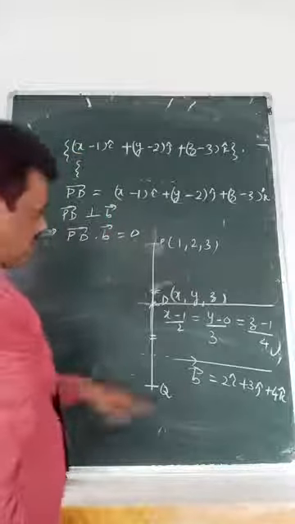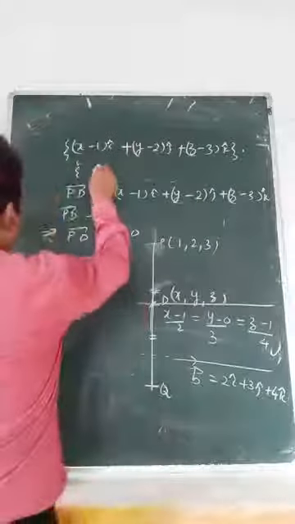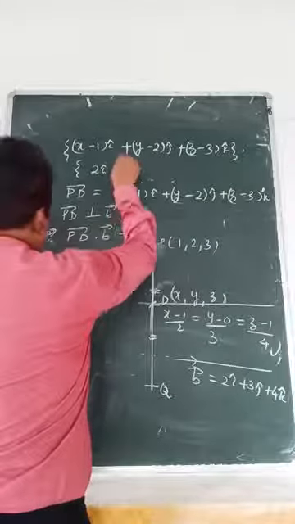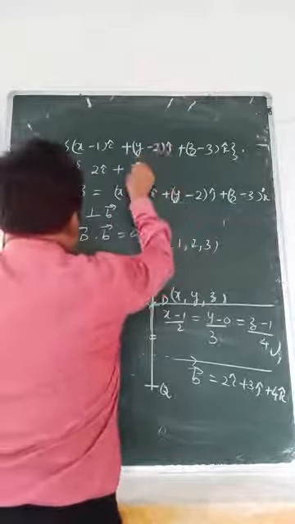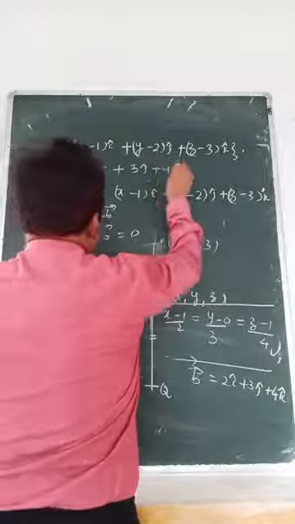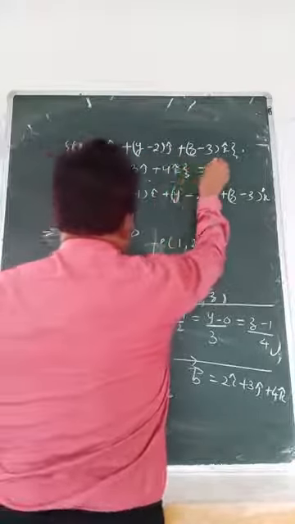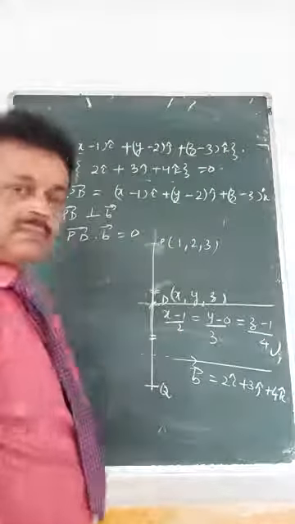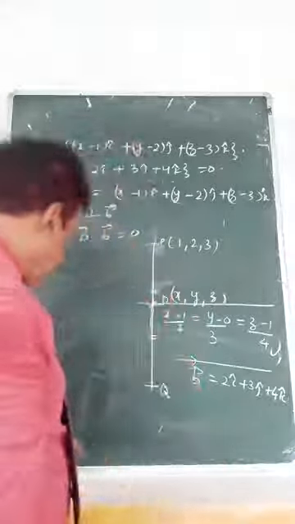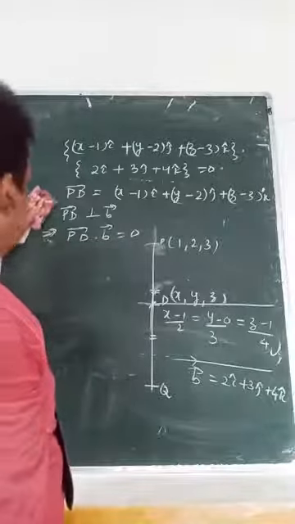The b vector, 2i plus 3j plus 4k, equals 0. Okay, now find out how much you will get.